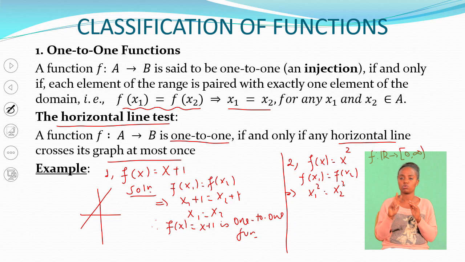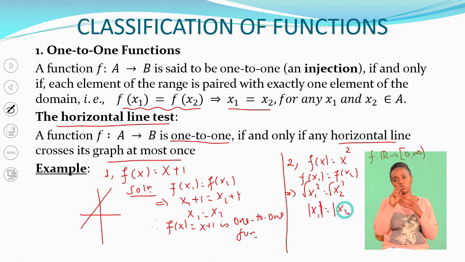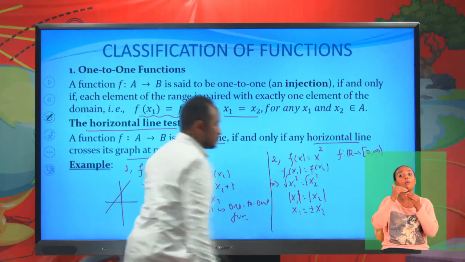To find the value of x, put both sides under square root. The square root of x squared is the absolute value of x. So it is the absolute value of x1 and the absolute value of x2. When you solve this, you will have x1 is equal to plus or minus x2.